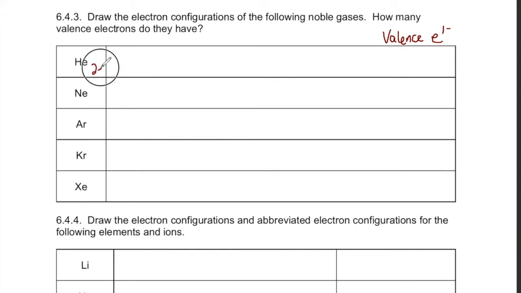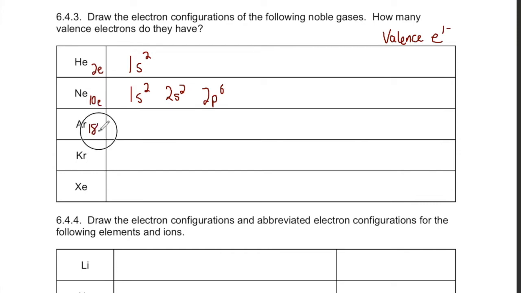So helium has 2 electrons, and both of those fit in the 1s orbital. Neon has 10 electrons. The first 2 fit into the 1s, the next 2 fit into the 2s, and the next 6 fit into the 2p.